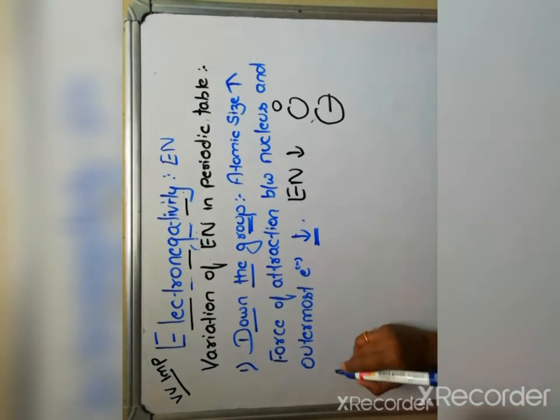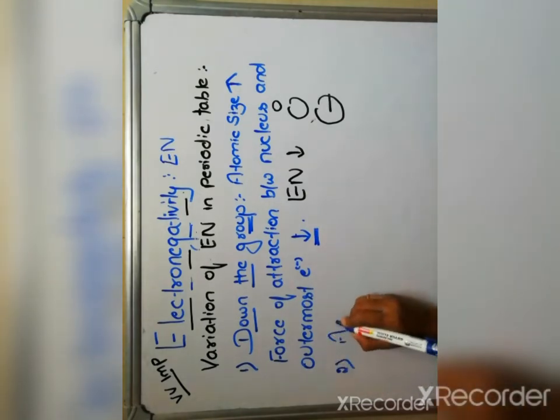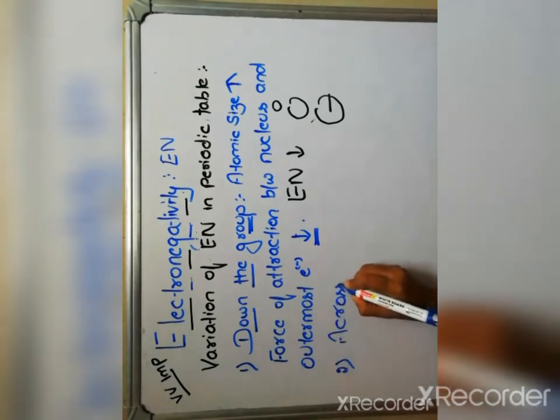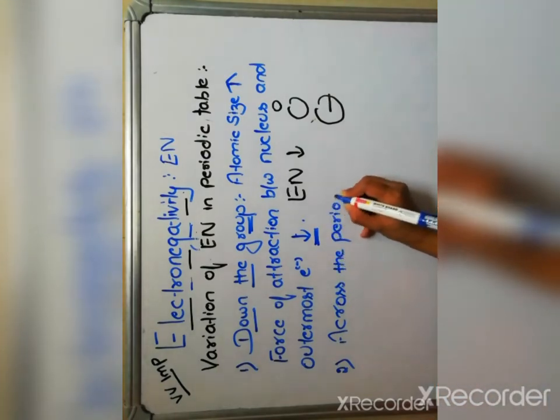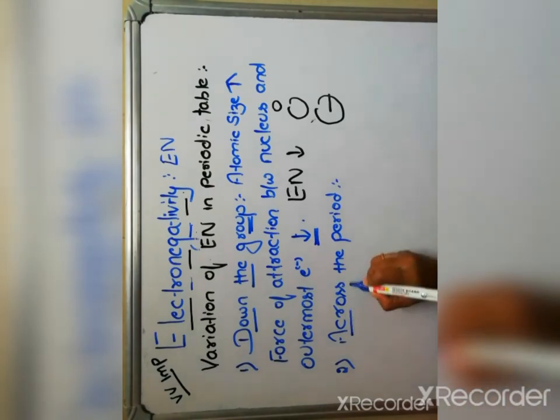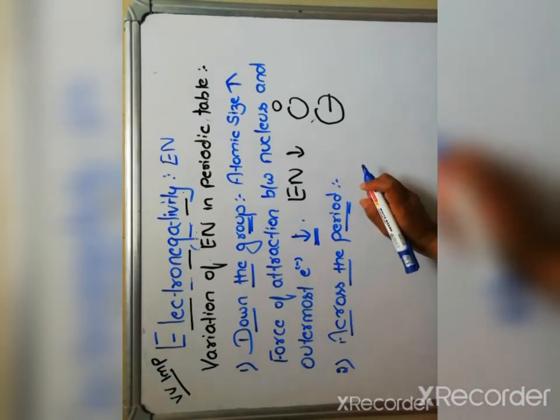The next one is across the period, that is from left to right. What happens to the electronegativity if we move across the period?